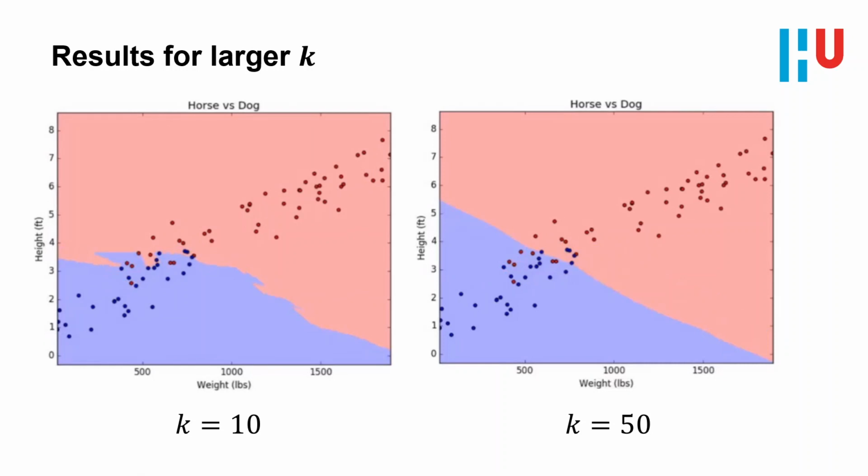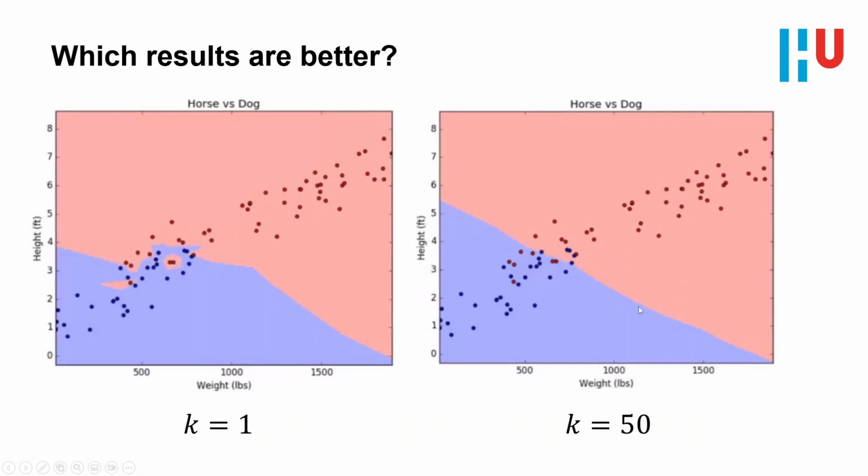And if we go to a larger k, we see that the jagged line is going to be more smooth. Well, which result is better? You can discuss a little bit about it, but, well, pros and cons, right? I think this is, well, not so nice, to be honest. This is maybe a little bit nicer, so I don't know. Pros and cons.